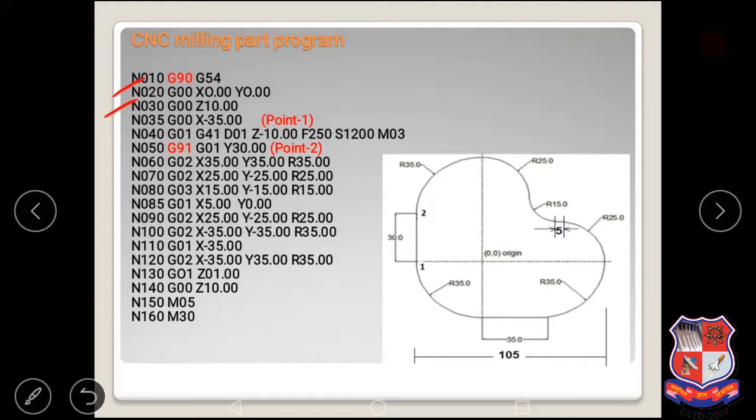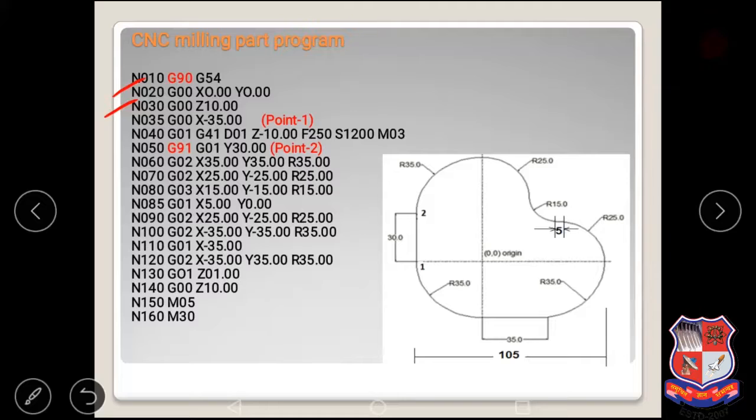So we set our reference at the origin with 0, and the tool is away from the top surface by 10 mm, because the top surface of the workpiece is taken as the reference and the value given to that surface is 0.